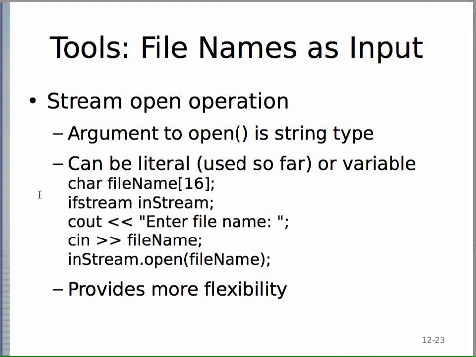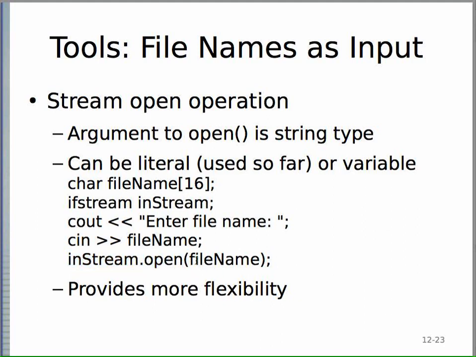So here's the kind of thing you can do: set aside an array of characters or a C-style string and ask the user to enter the name of a file. The user enters it in, and you read from Cin. You read the file name into this C-style string or array of characters, and then all you do is use the open function with that string that the user entered.